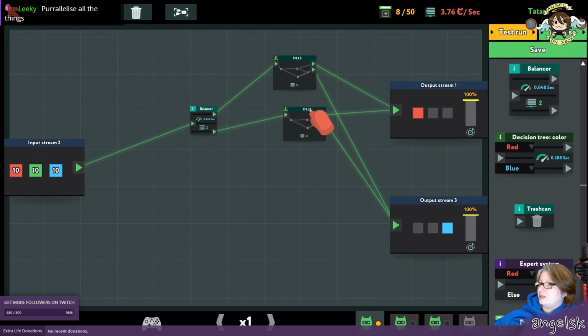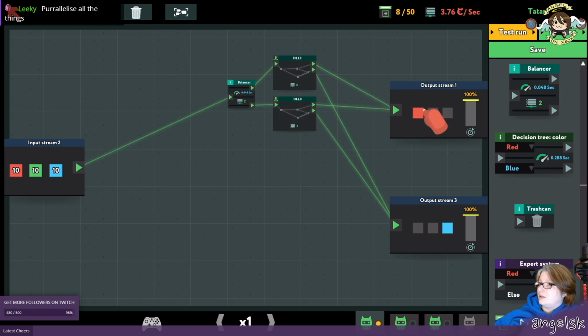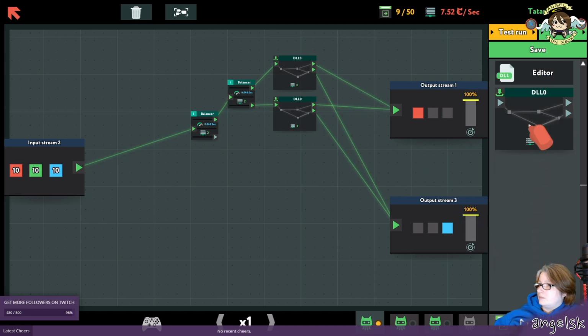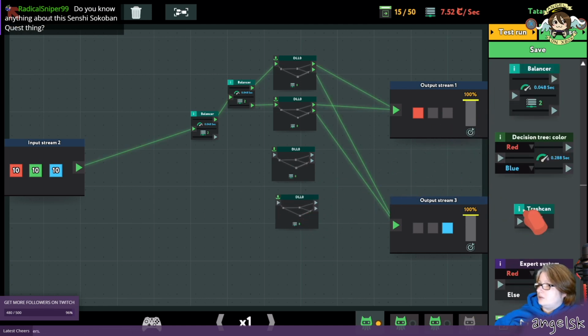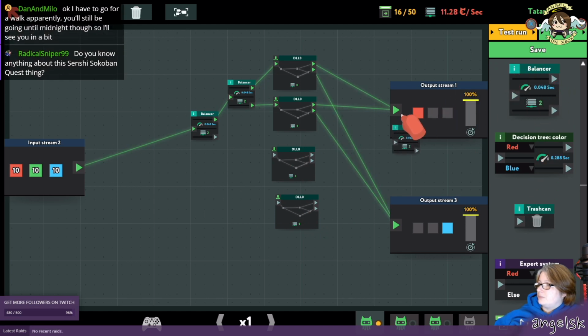Yeah, exactly. Also seems to cost less nodes, so that's always nice.